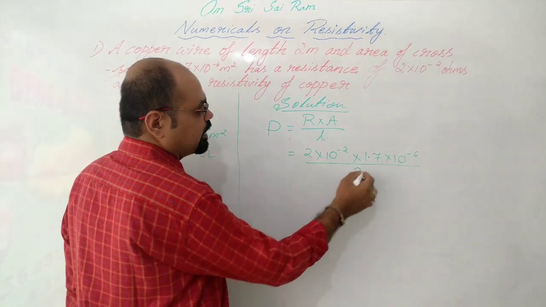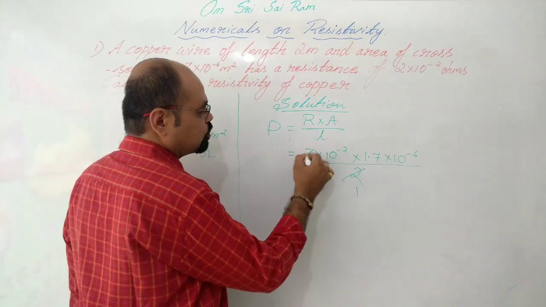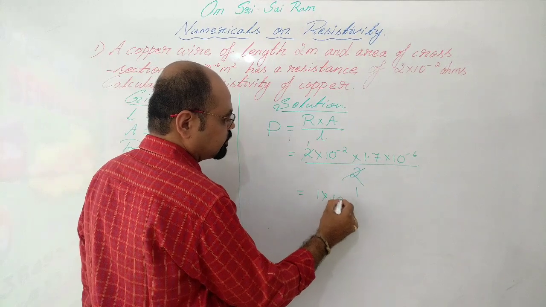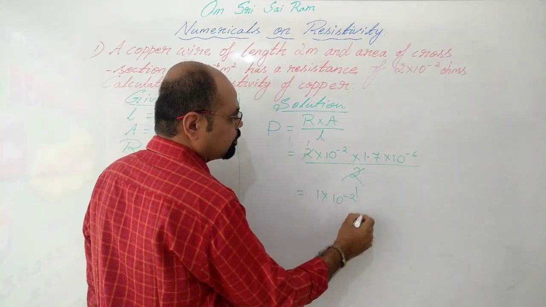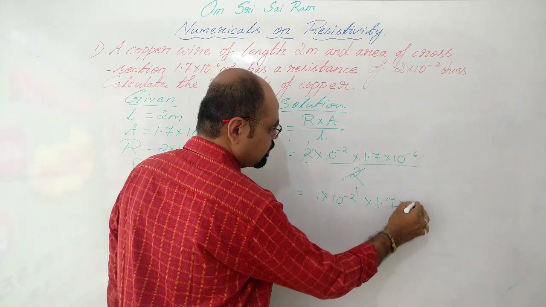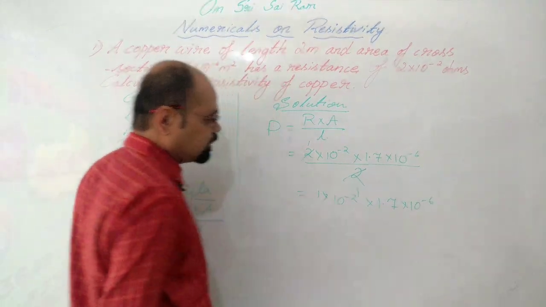Now we can cancel the 2s. What remains is 1 × 10^-2 × 1.7 × 10^-6.